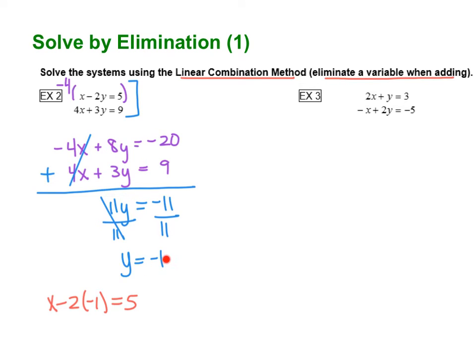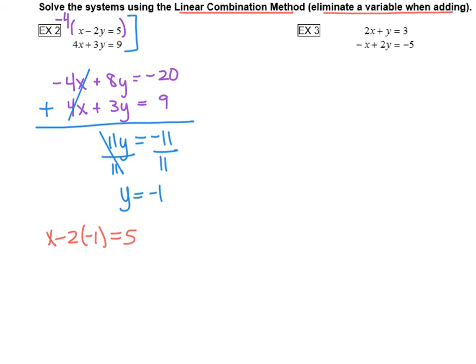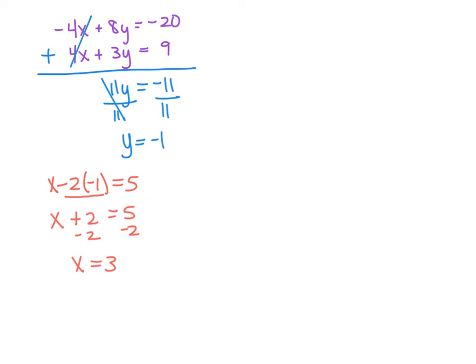I'm plugging the -1 in for the y. All right, x, now this -2 times a -1 is a positive 2 equals 5, and then just subtract 2 from both sides, so x equals 3. Now our ordered pair is a solution, so we have to make sure we represent it as a solution. So our final answer is going to be the ordered pair 3, comma, and then the y was a -1.